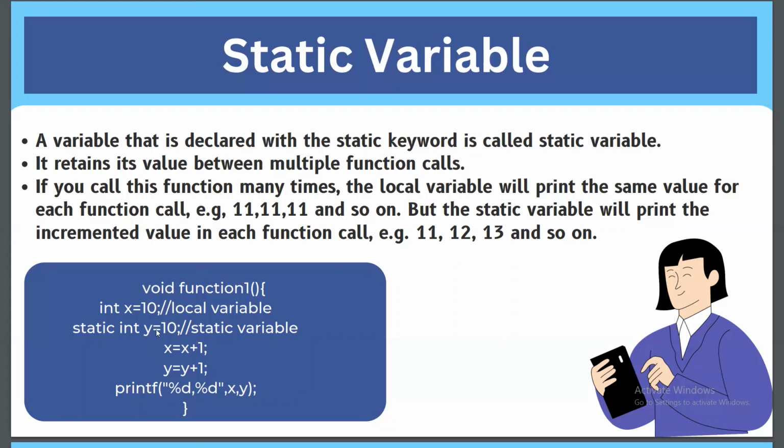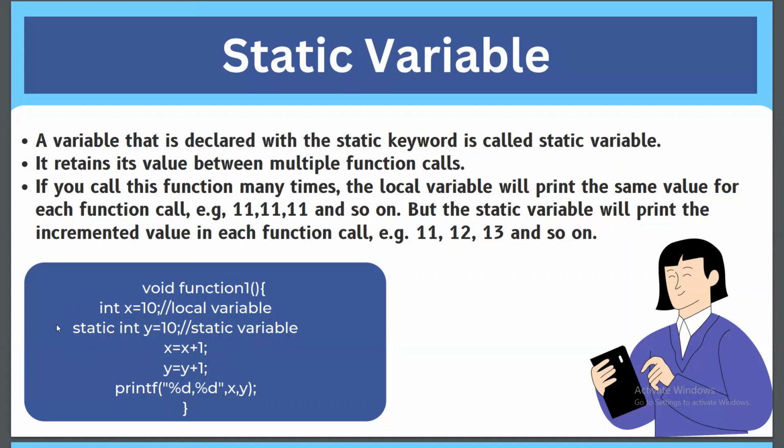Once we have incremented the value of the static variable, it is defined and declared for the whole program. If you call this function 2 to 3 times, then the local variable is defined every time you call this function. But the static one is defined once, and it is declared once for the whole program.